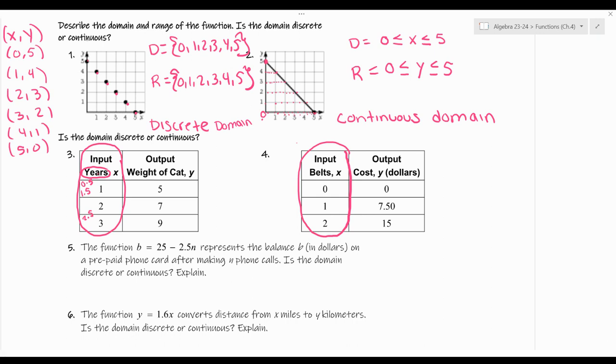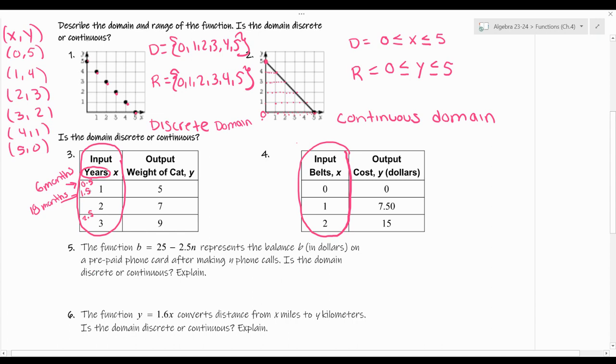Think about that for a second. In years, half a year means 6 months. 1.5 years means 18 months. And we can continue to do that for our other values or any other ones that we come up with.